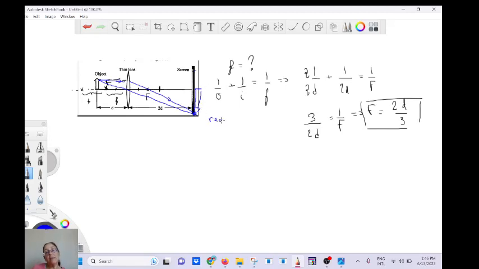It's going to be real, it's going to be upside down, and it's going to be enlarged. And again, you have many rays. These rays won't reach the screen, but the other ray here will. Okay, so that's just a review.